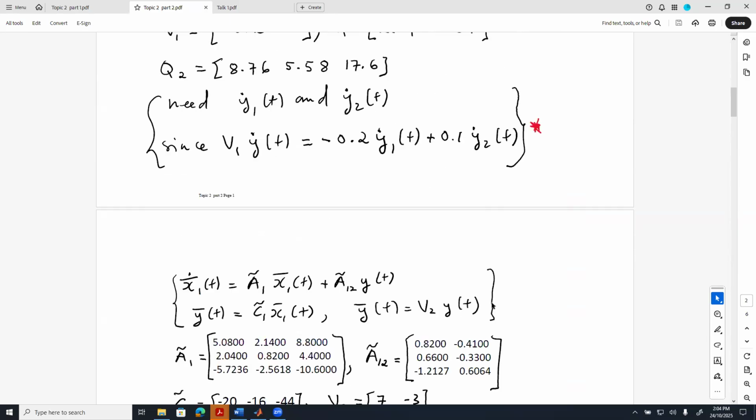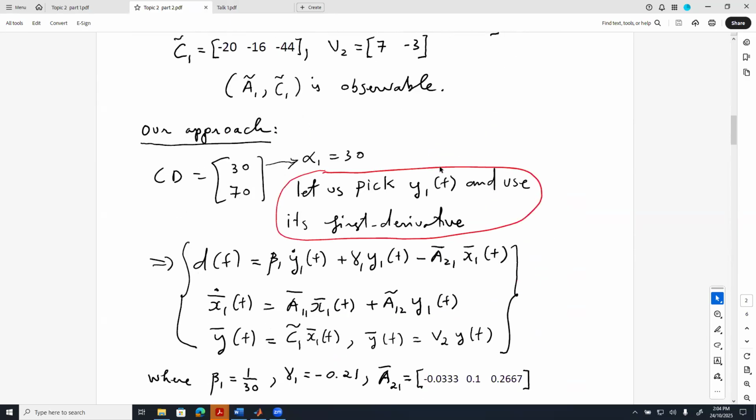Now, if we do that, then we will get the disturbance expressed in this form, where we got beta 1, y1 dot, and y1 in here. And so when we pick the first output, alpha 1 is 30. All right.